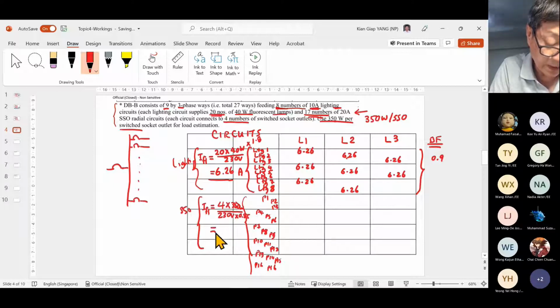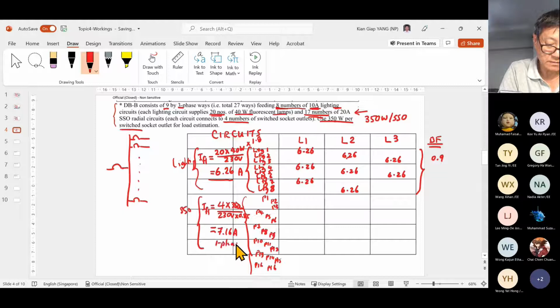So this will give me how many ampere? It gives me 7.16 ampere single phase. Okay, this one also single phase.